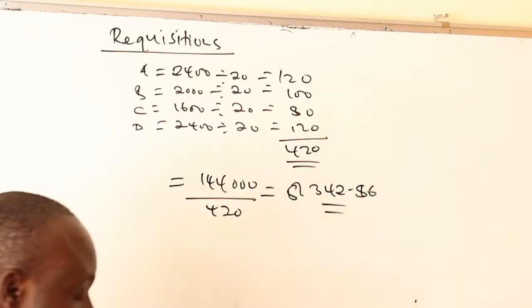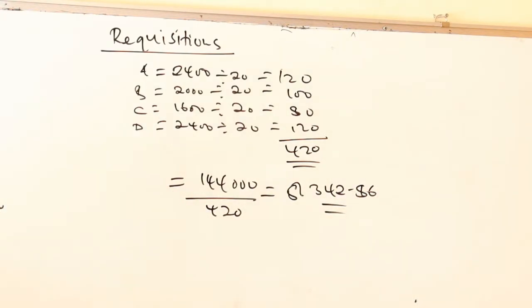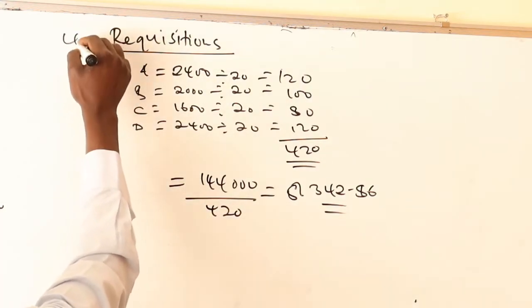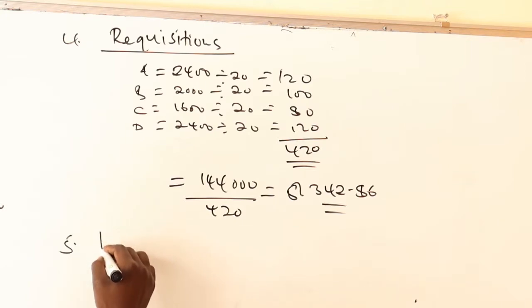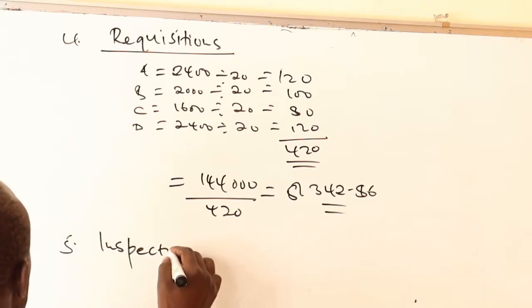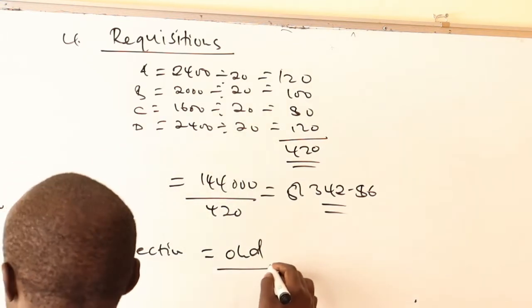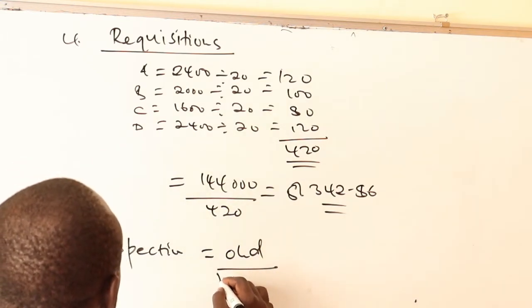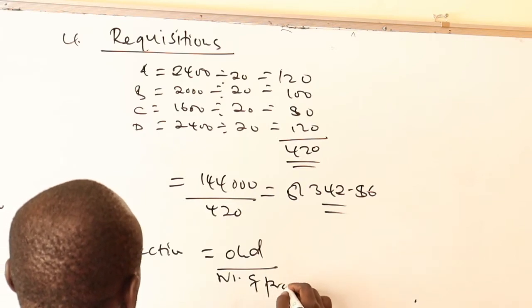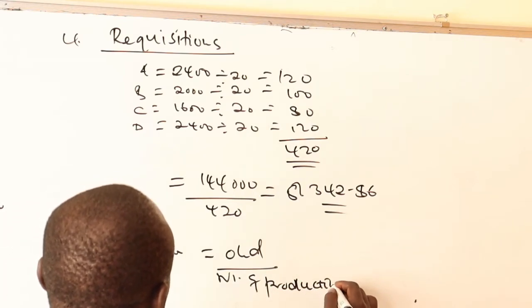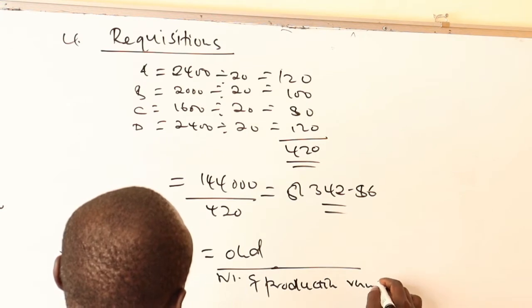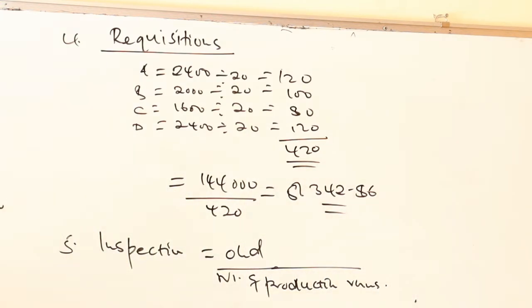That is requisitions, 342.86. And then we have inspection. That is number 4. Number 5, we have inspection. Inspection is overhead over number of production runs.